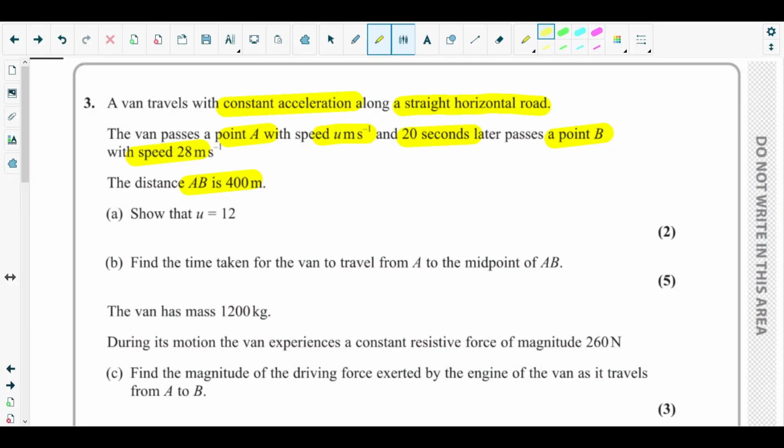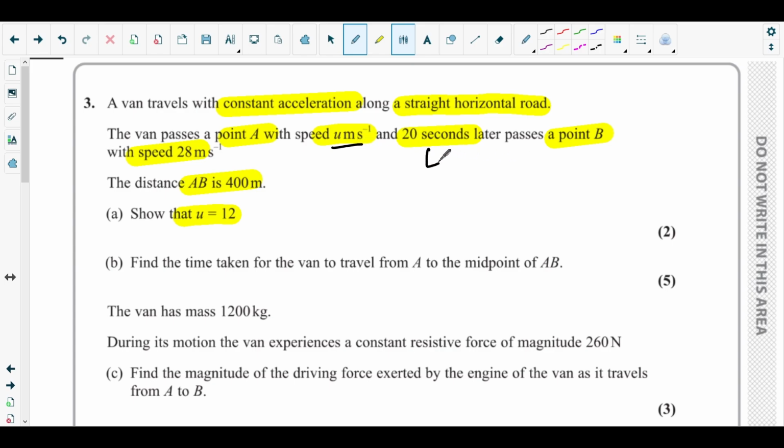Now, in part A, they are asking us to show that the initial speed u is 12. It is not velocity, it is speed. So let's figure out what quantities are given in the question. We need to find u.